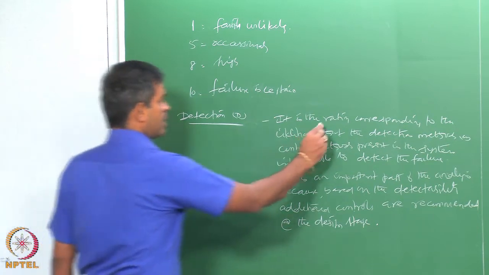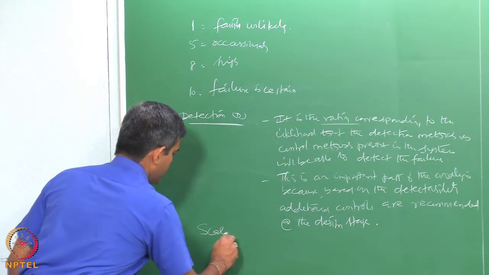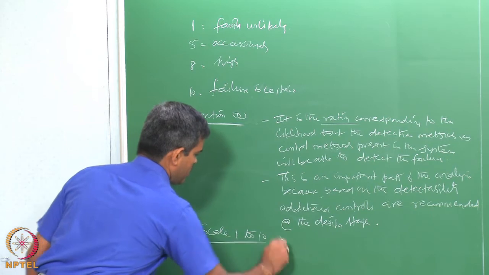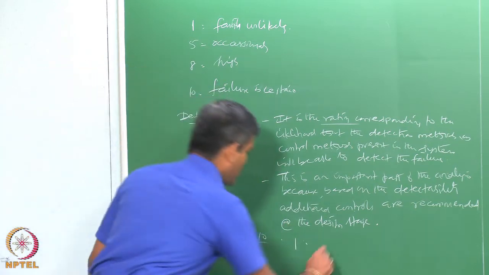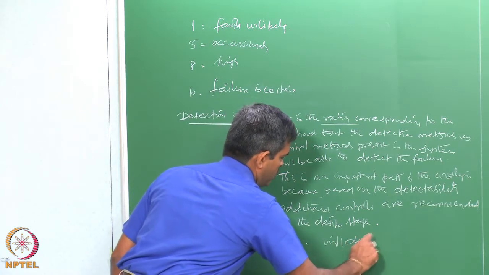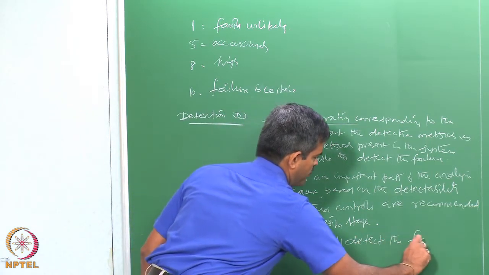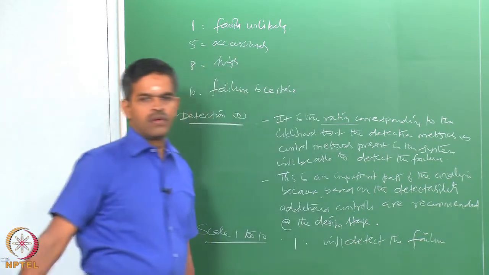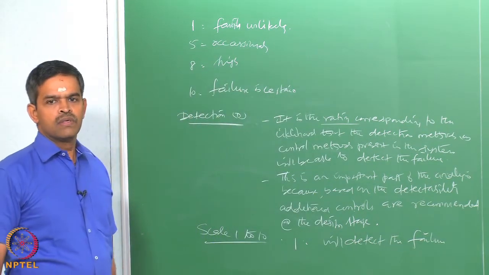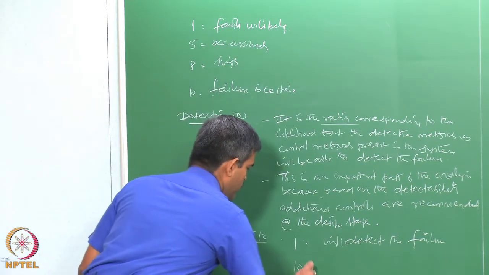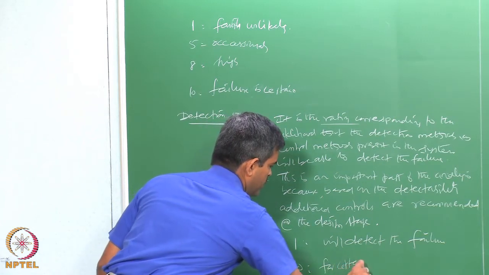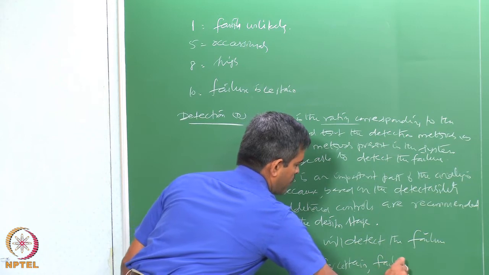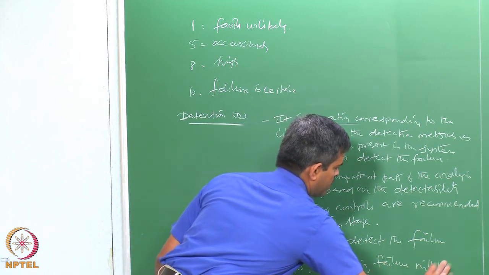Again, it is on a scale of 1 to 10. 1 indicates the failure will be detected for sure. 10 indicates that, for certain, the failure will not be detected at all.